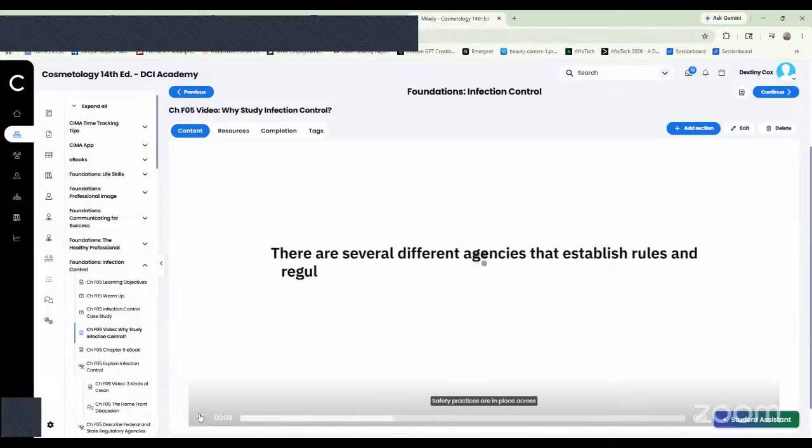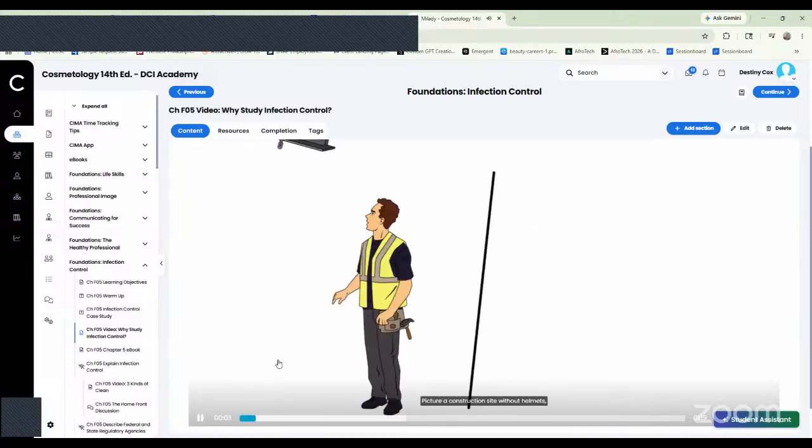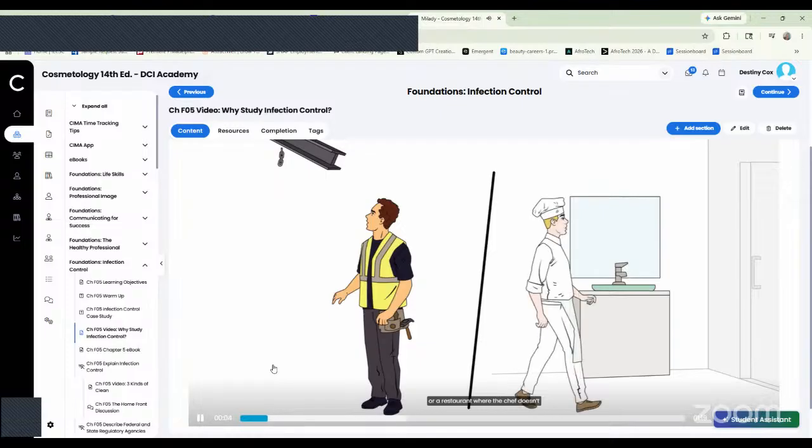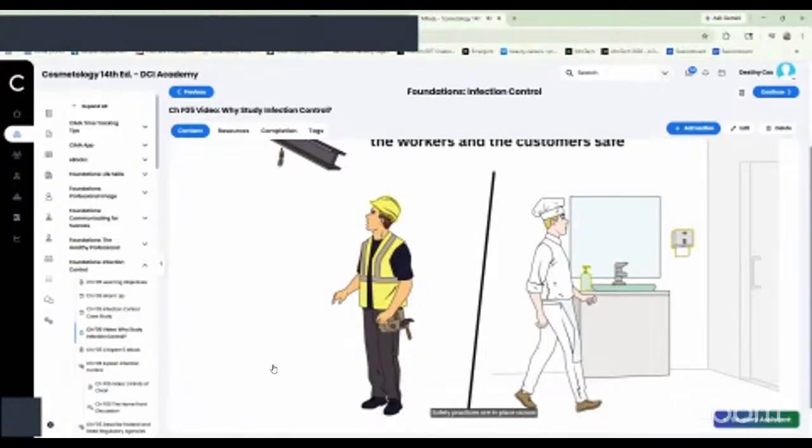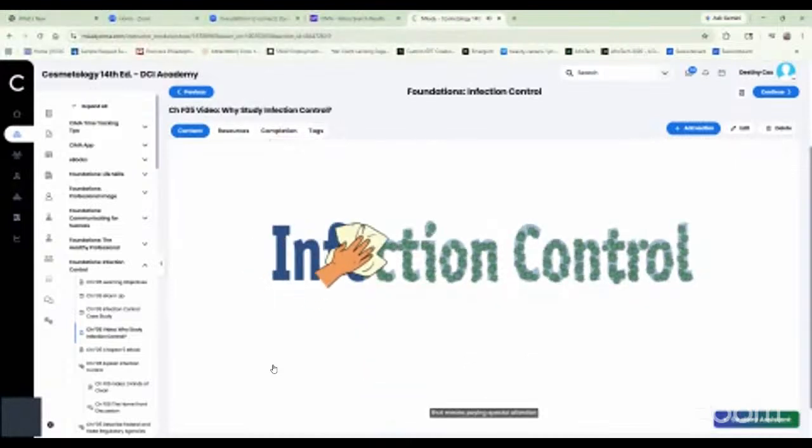Picture a construction site without helmets, or a restaurant where the chef doesn't wash their hands. Seems kind of ridiculous, right? Safety practices are in place across many industries to help keep the workers and the customers safe. And in the beauty industry, that means paying special attention to infection control.